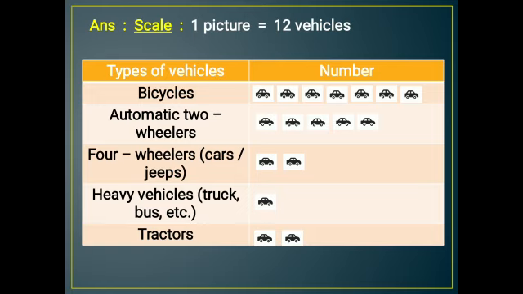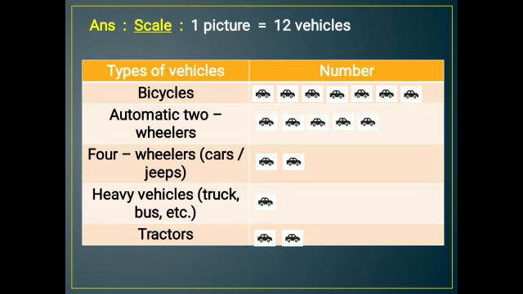Next, two-wheelers 60. So 12 fives are 60. So we will draw 5 pictures of cars. Next, 24. So 12 twos are 24. So 2 pictures of the vehicle. Fourth, 12 ones are 12.